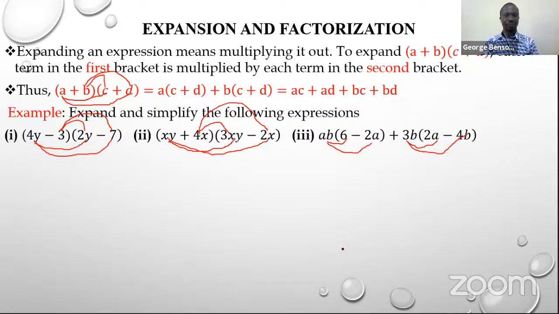Hello, people of God. Yes, we are concentrating only on the first one.